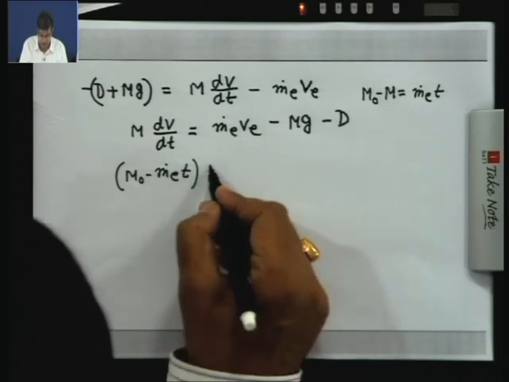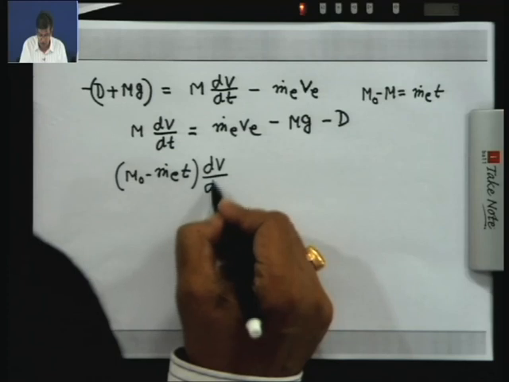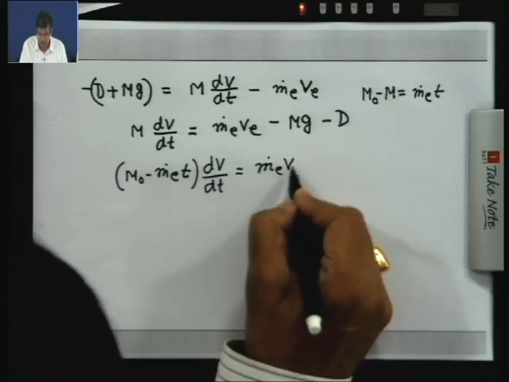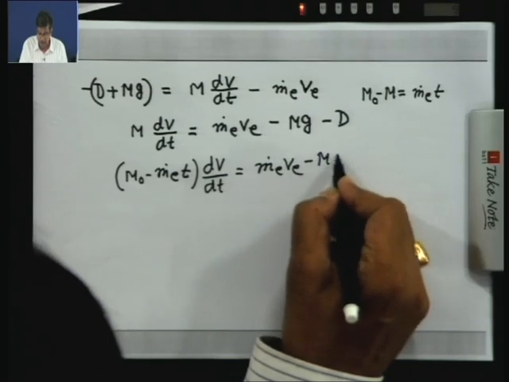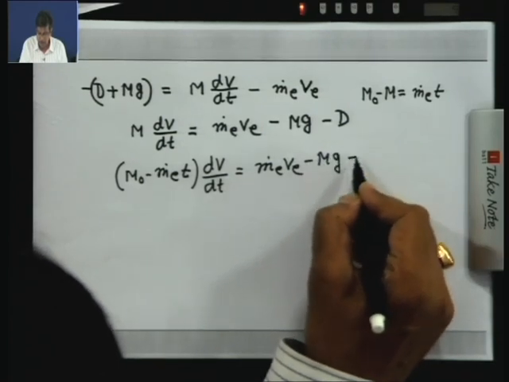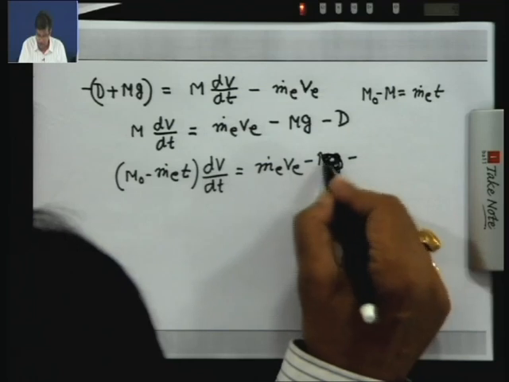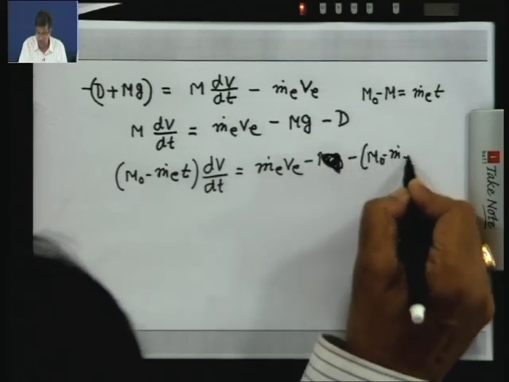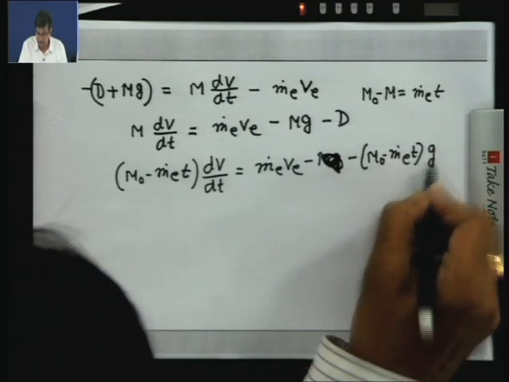So it is very simple, dV/dt. I don't think I have to proceed any further. dV/dt is equal to m dot e V_e minus mg, with m0 minus m dot e t put in, minus D.